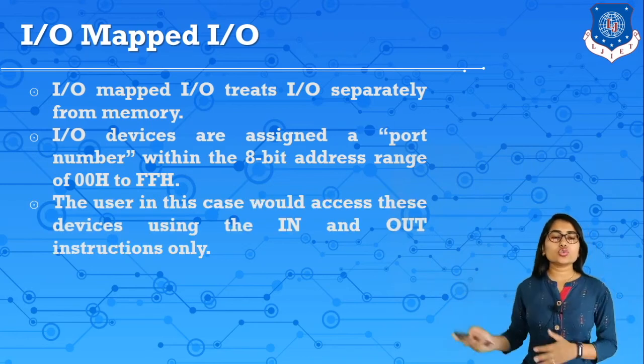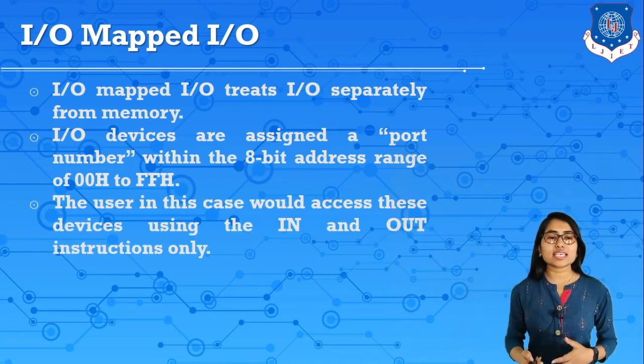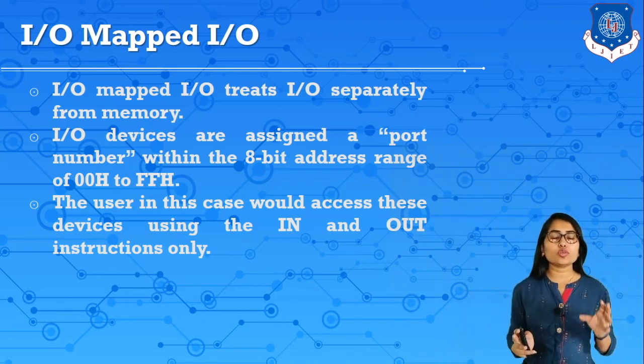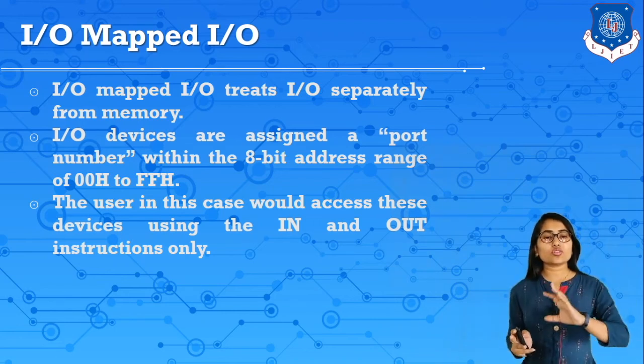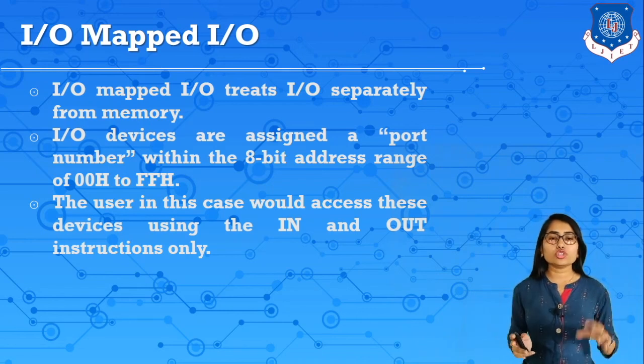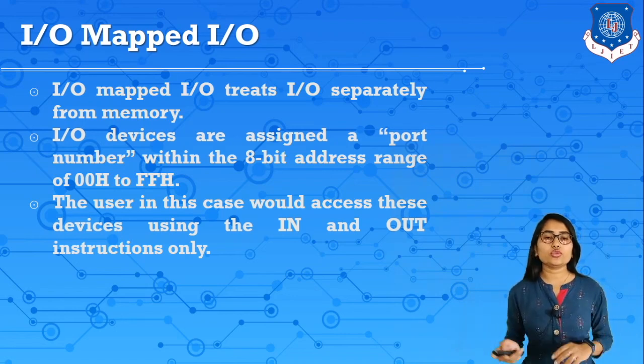The user in this case accesses the device using the IN and OUT instructions. So whenever IO mapped IO parallel data transfer occurs, we have to use either IN or OUT instructions for accessing data between the processor and input output modules.